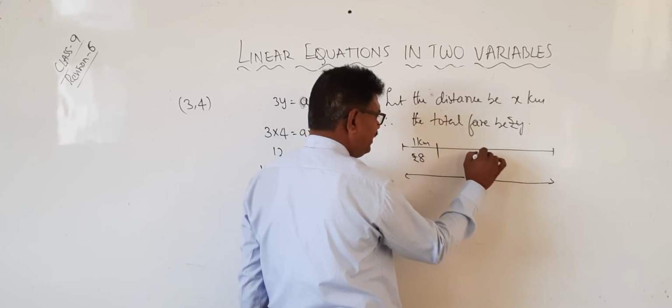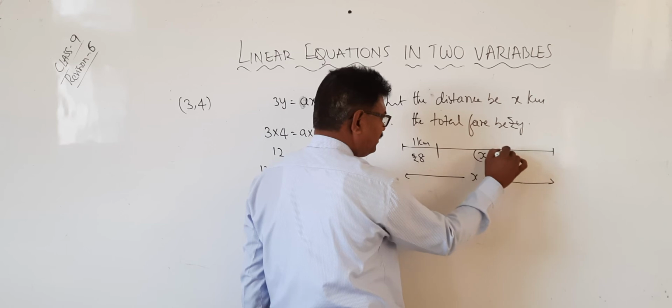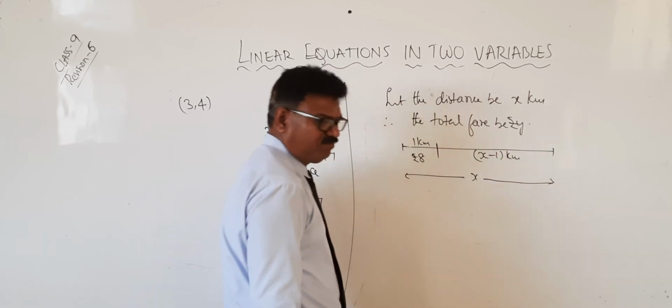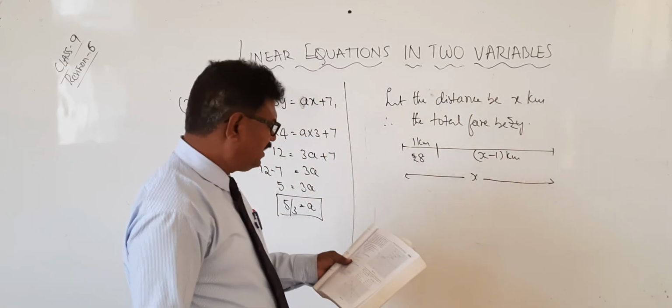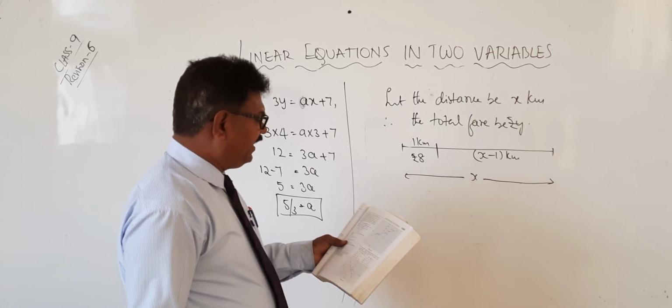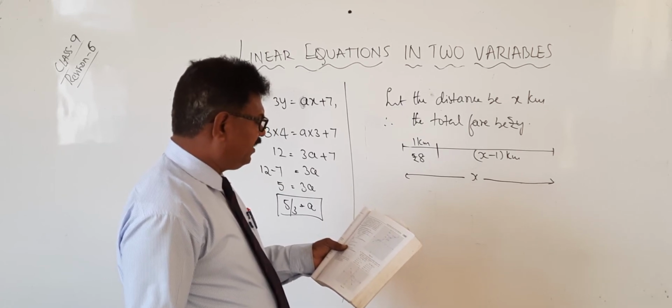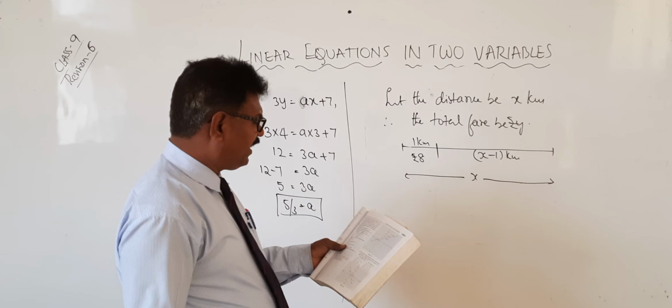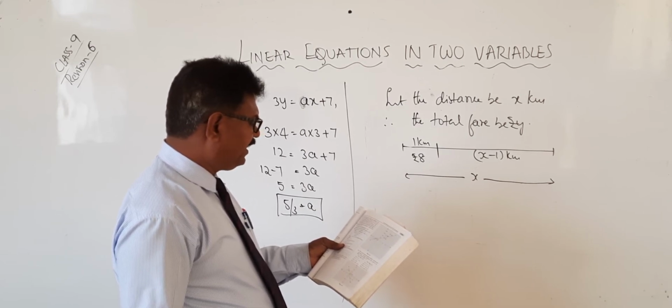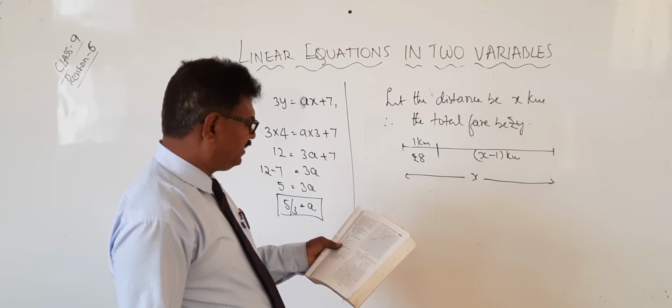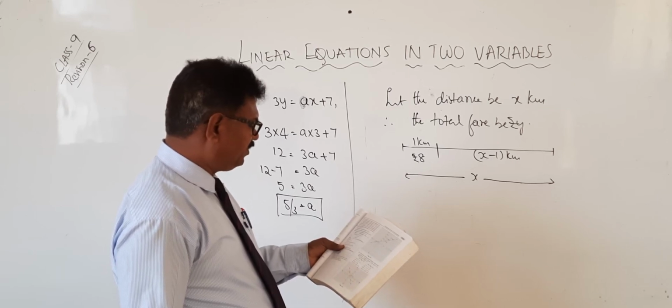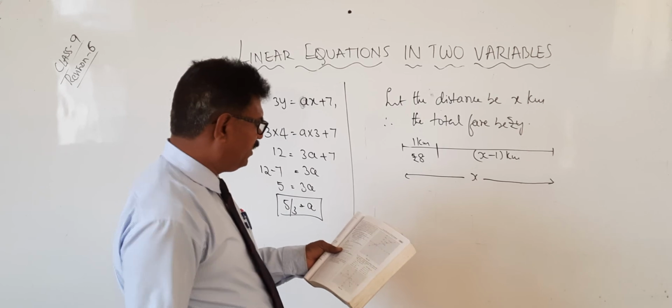Therefore, how much will it be? x minus 1 kilometer. Right? He has given the fare is 8 rupees, and for the subsequent distance it is 5 rupees. Then write the linear equation.